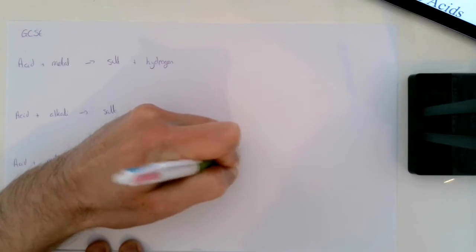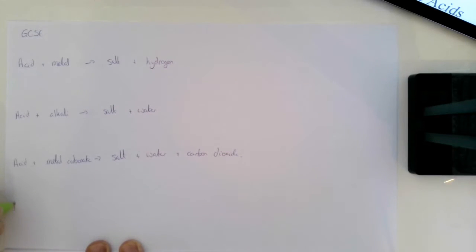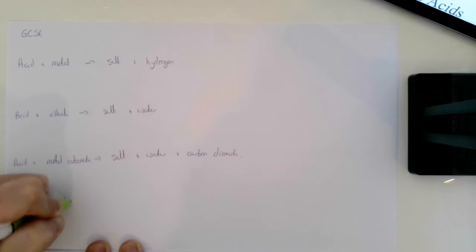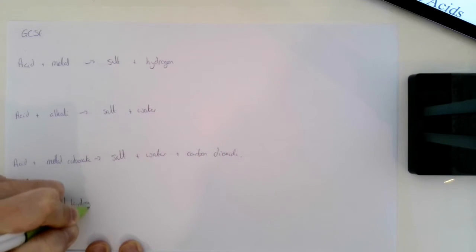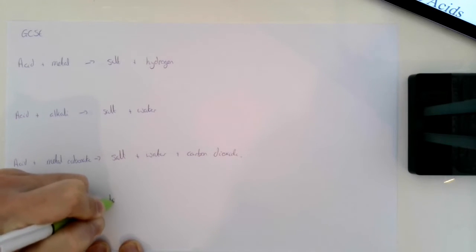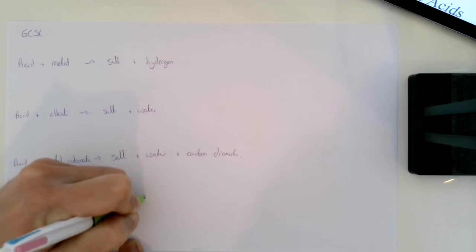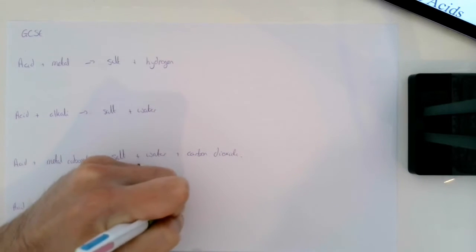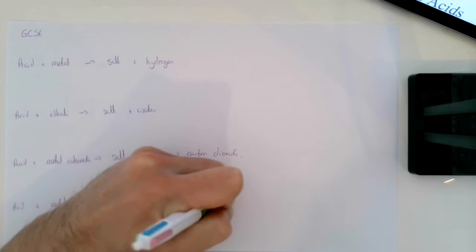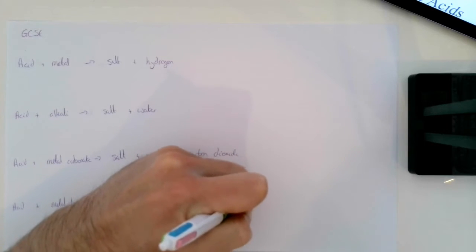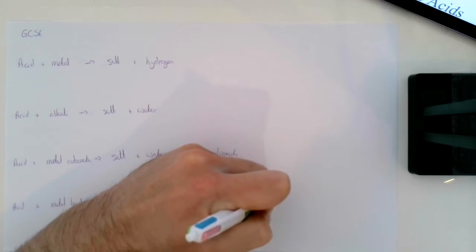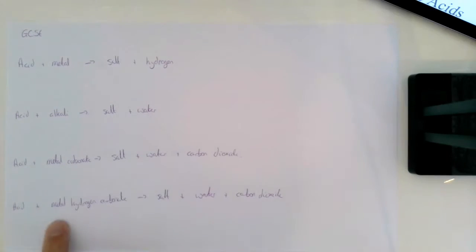And the final one, which is really similar to that one, acid plus metal hydrogen carbonate, makes salt, water and carbon dioxide. The reason I'm adding that one on to the end is because balancing a metal hydrogen carbonate equation compared to a metal carbonate equation is ever so slightly different.